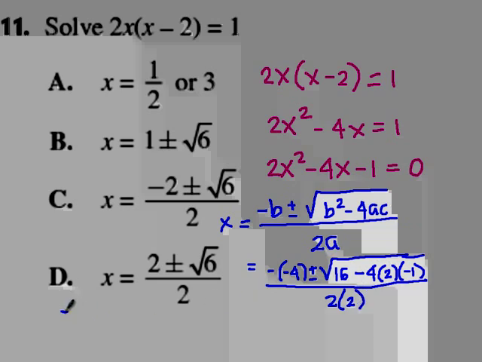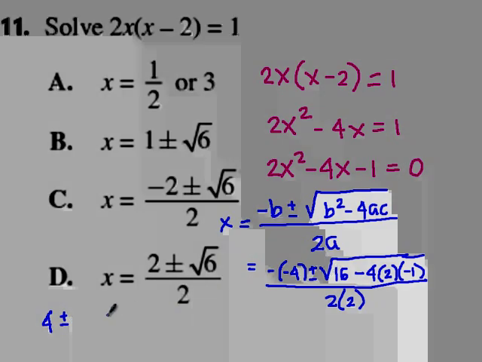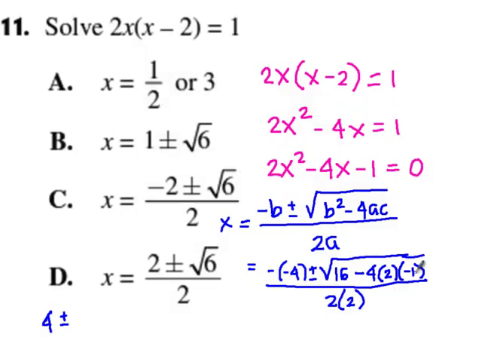Then we can simplify it here. Negative of -4 becomes +4 plus or minus, this becomes -4 times -1 is +4 times 2 is +8 plus 16 is 24.